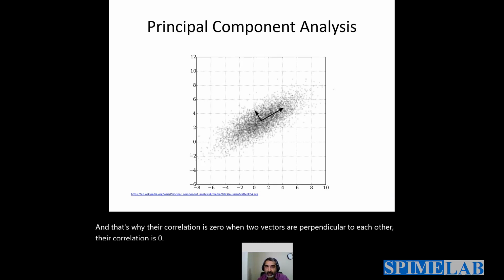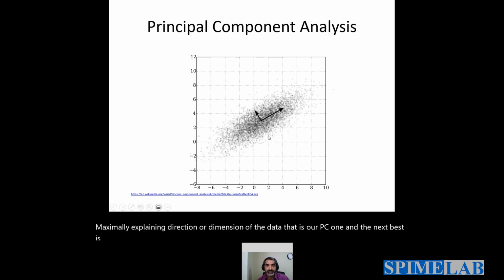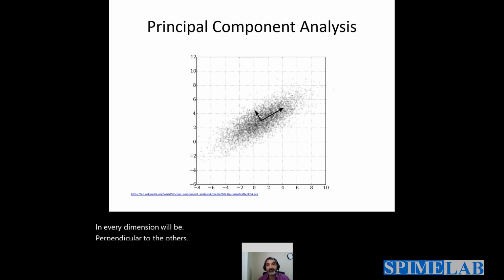And this is how we decorrelate our data, by finding the maximally explaining direction or dimension of the data. That is our PC1. And the next best is PC2. And if it is three-dimensional data, we will have a third dimension. And every dimension will be perpendicular to the others. Every dimension will be independent or zero correlated to the others.